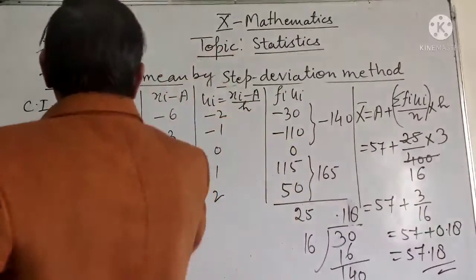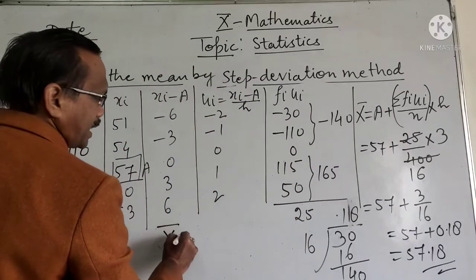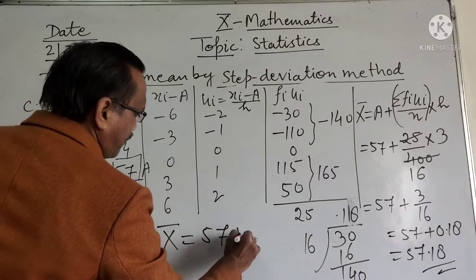The required mean of the given data, x bar, is 57.18.